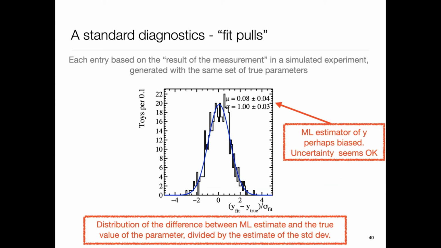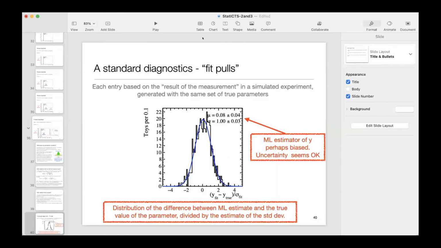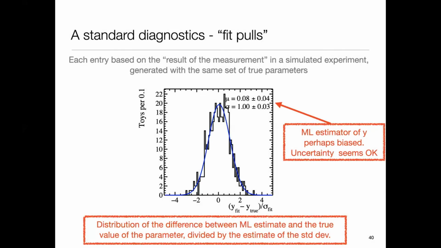So this is one of such plots where you have a distribution of the results of your fit, a distribution of the maximum likelihood estimator, shifted by the true value, which you know because this is Monte Carlo, and you divide this difference by the uncertainty provided by the fit, which is called sigma fit here.